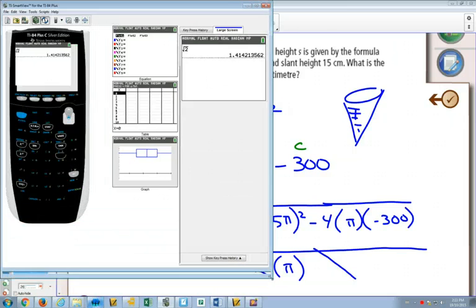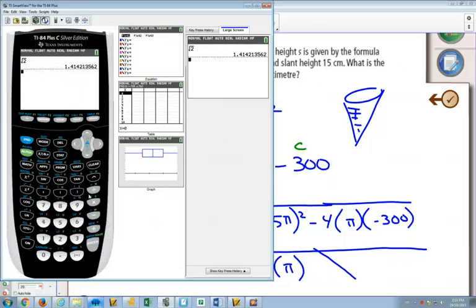Let's try this. Working now. There we go. I would go to a fraction, and I would type it in as exactly as I see it.